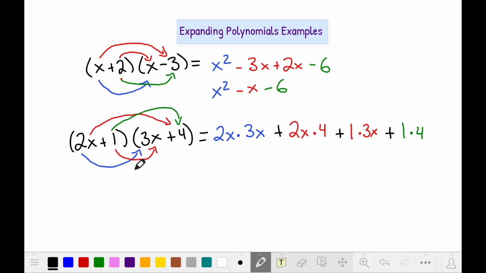But we noticed that this case is a little bit trickier because of the numbers in front of the x term. So I wrote it out like this so I could show you what's actually going on, because I find that sometimes students get a little stuck when we've got numbers in front of the x's, and it can be a little hard to tell sometimes, like what is 2x times 3x?